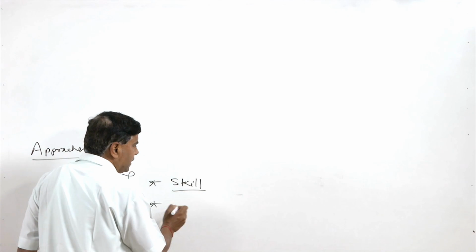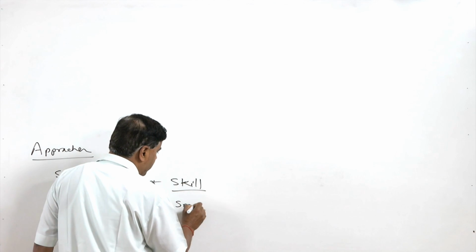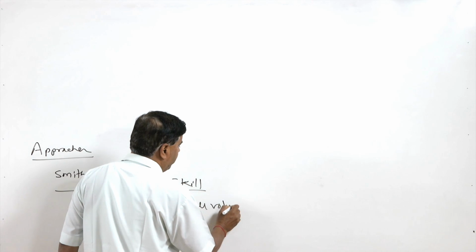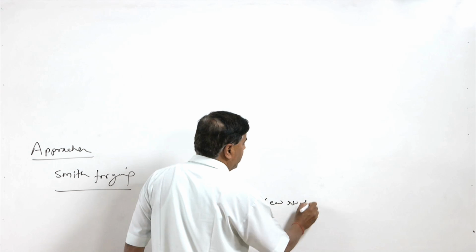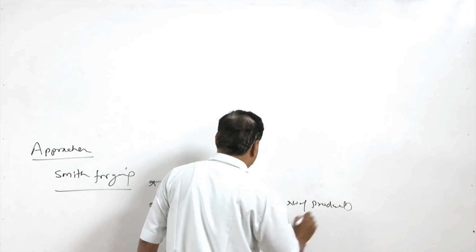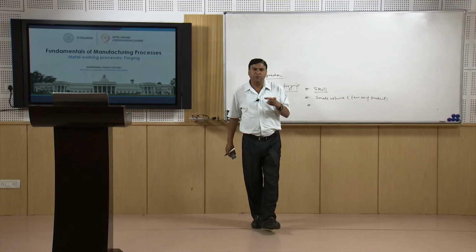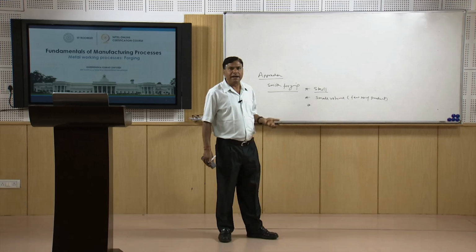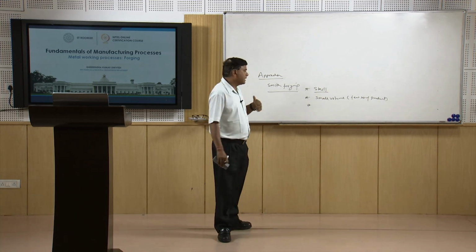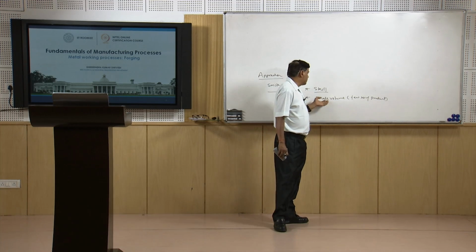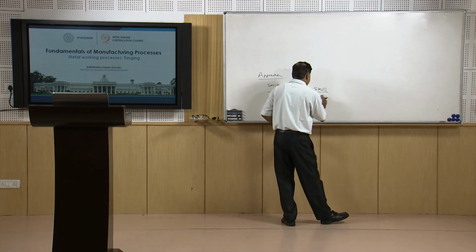Another thing is that this process is good for the small volume, means when few number of the products are to be made, not for the very large volume, because if you have to make very few number of the products, then making the die will be a costly issue. So, it will be important that instead of making the die for making few products, better to use the smith forging process, so that it can be made economically.